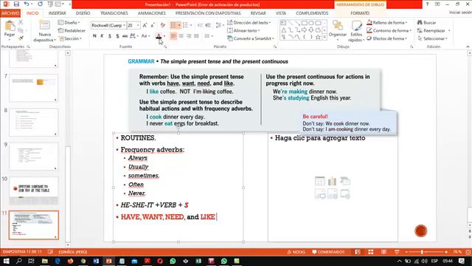Because they are verbs that describe a permanent state, right? An emotion. Also, for example, you cannot say I am hating you. Like, I hate you. Or I am loving you. It's I love you.